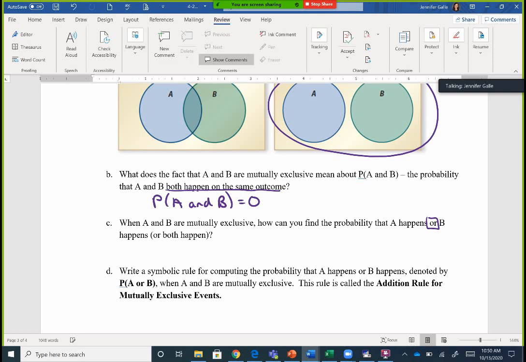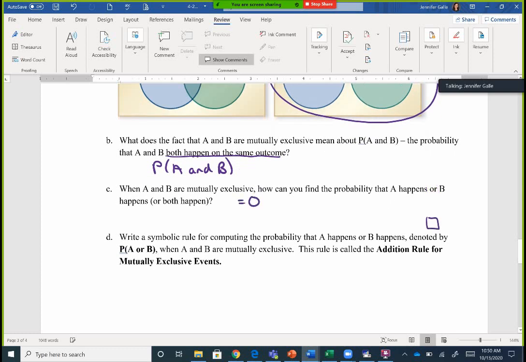So if two things were mutually exclusive, we just added their probabilities together. So probability of A or B, all we had to do is add together the probability of A with the probability of B. And that's it. If things are mutually exclusive, nothing is double counted. Those events cannot happen at the same time.